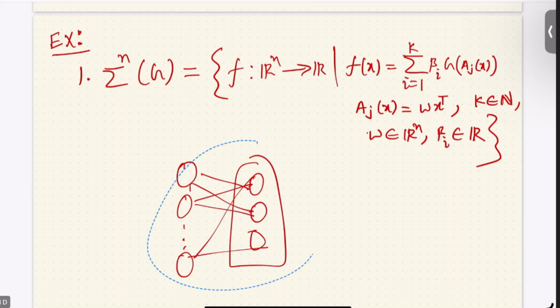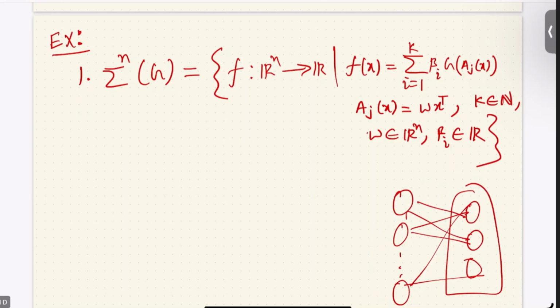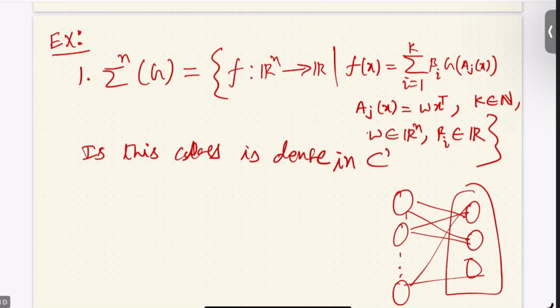Let me keep this aside. I just made only one modification: I removed that constant term in the affine functions. The question is, is this class dense in C^n?